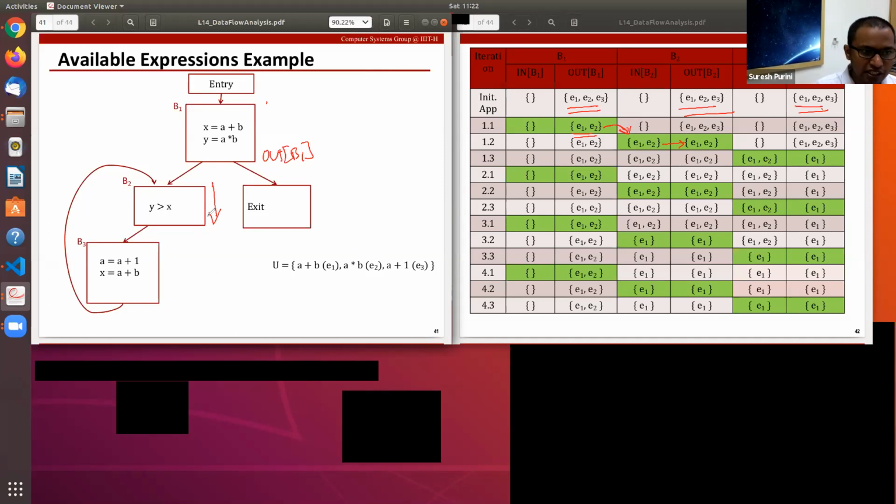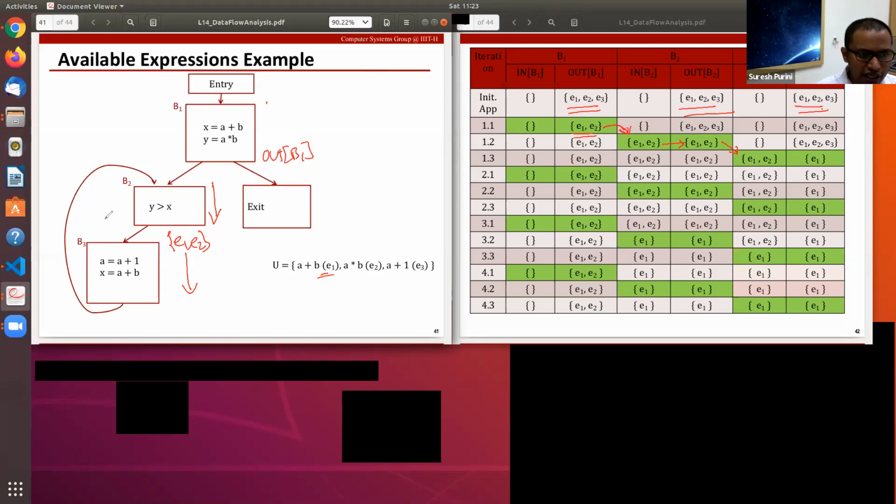Now when we come to basic block B3, out of B3 is equal to in of B2. So this information gets propagated here, and here we have expressions E1, E2. But when we try to push this information downwards, A plus B, which is expression E1, gets killed because one of the operands is getting modified.